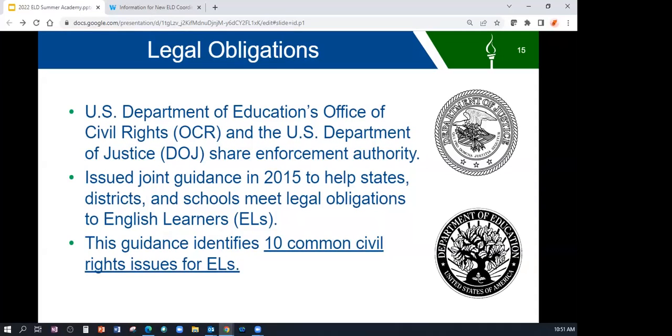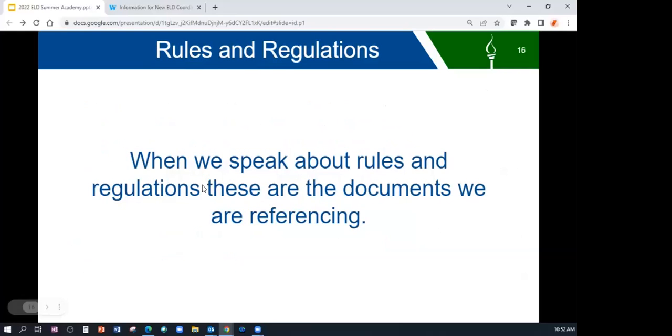This guidance applies to state agencies, local agencies, and any school district that receives any kind of federal funding, not just Title III funding, but any kind of federal funding. And they identified 10 common civil rights issues for English learners. Over the years, they've collected and recorded all of the cases that they've investigated, and they have found 10 common issues that they have to consistently address.